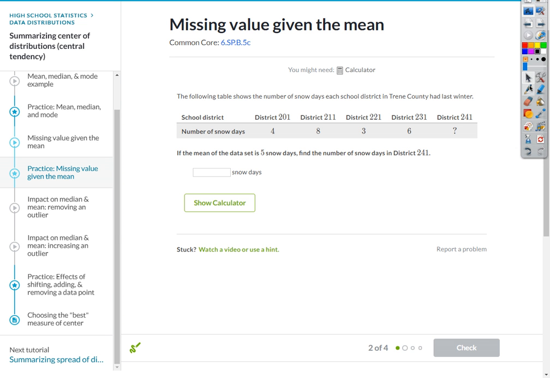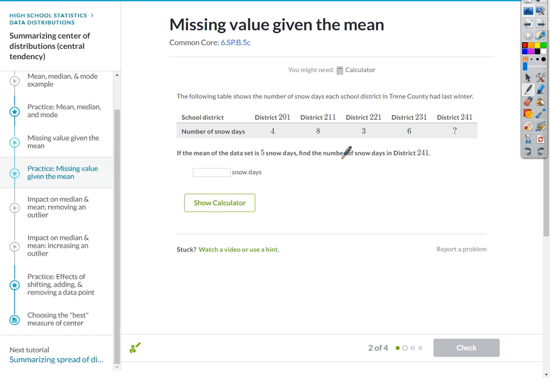Here's another table, and this table shows the number of snow days each school district in Treen County had last winter. So we have four days in District 201, 8 days in 211, 3 days in 221, 6 days in 231, and an unknown number of days in 241.